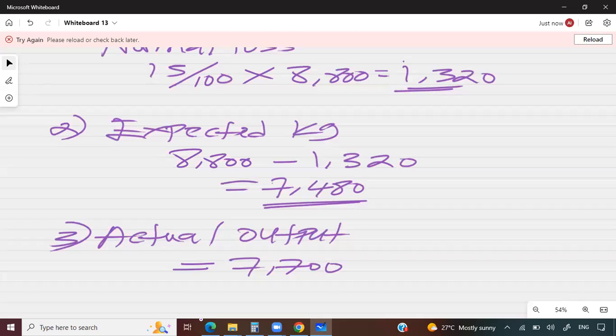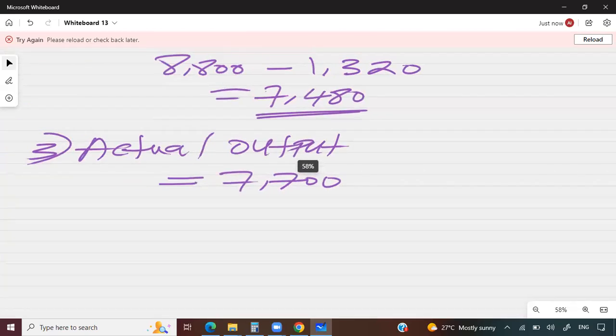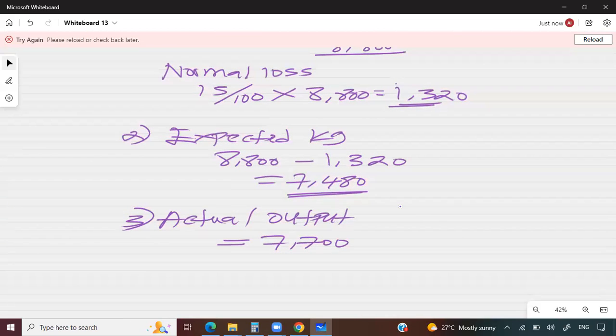Abnormal gain. We have abnormal gain, and that is fine. So now we can work out the abnormal gain.